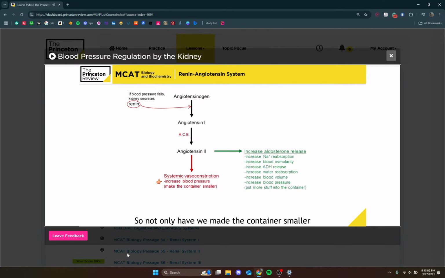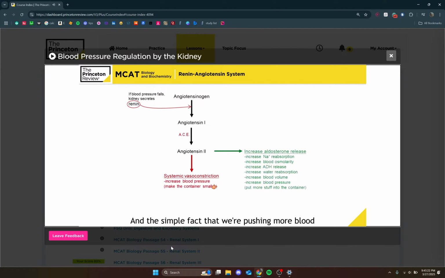So not only have we made the container smaller by vasoconstriction, the simple fact that we're pushing more blood to the kidney will also help increase filtration rate at the kidney. But remember, this is certainly going to fix the systemic problem. If we increase the pressure overall, we're going to be perfusing our organs better.